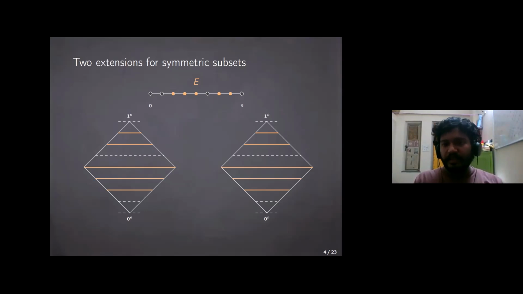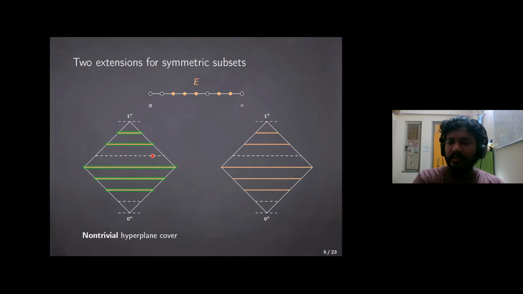The first question is the following. I can take a collection of hyperplanes which covers the set E, by which I mean it covers all the points with Hamming weight in E. So a set of hyperplanes which covers the layers in E, but does not cover the full hypercube.